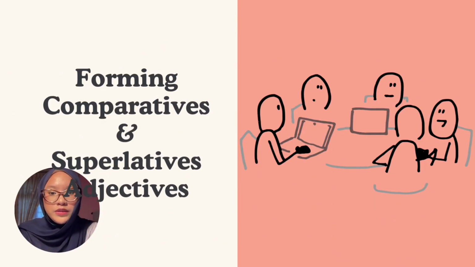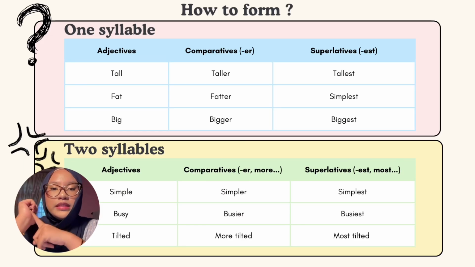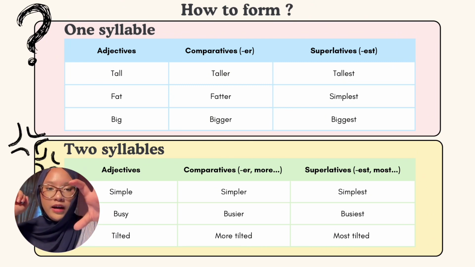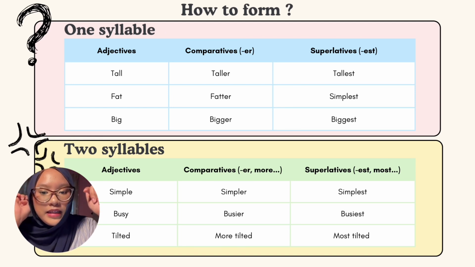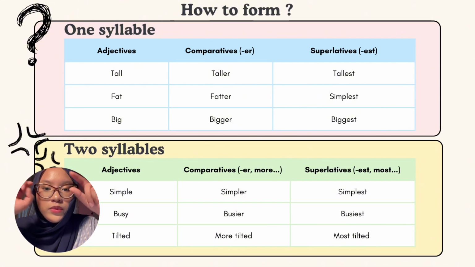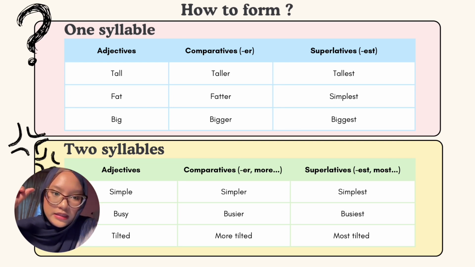Now we are coming to the last part, which is forming comparative and superlative adjectives. For one-syllable words, we use ER for the comparative. We put ER at the back of the word, and we put EST at the back of the word for the superlative. Let's look at the first example here. The word tall becomes taller in its comparative form, and tallest in its superlative form.